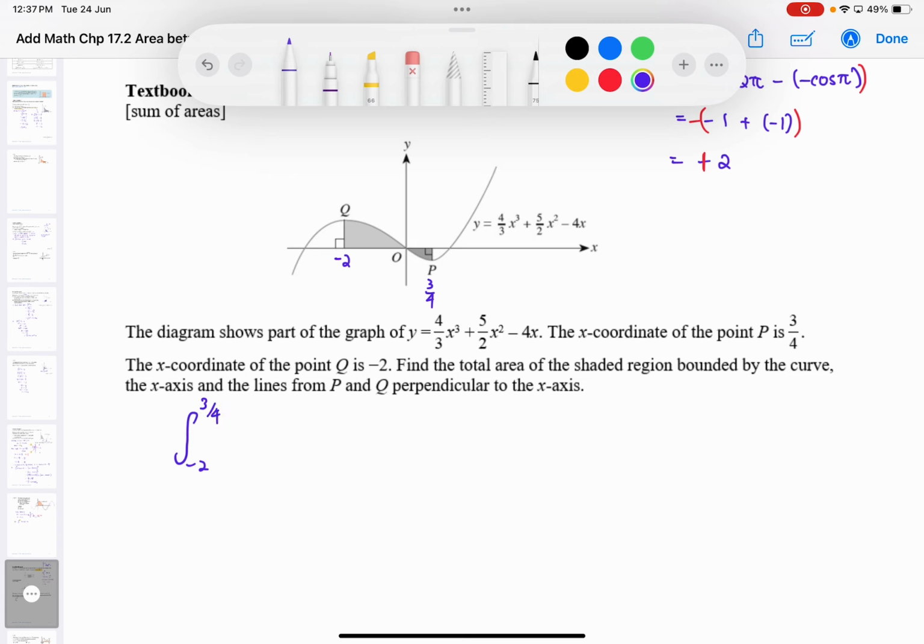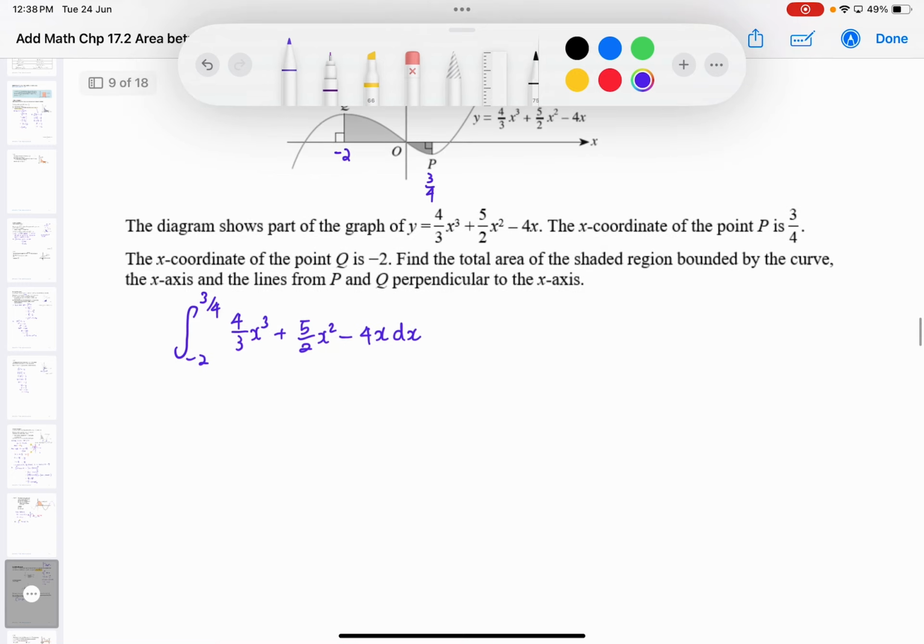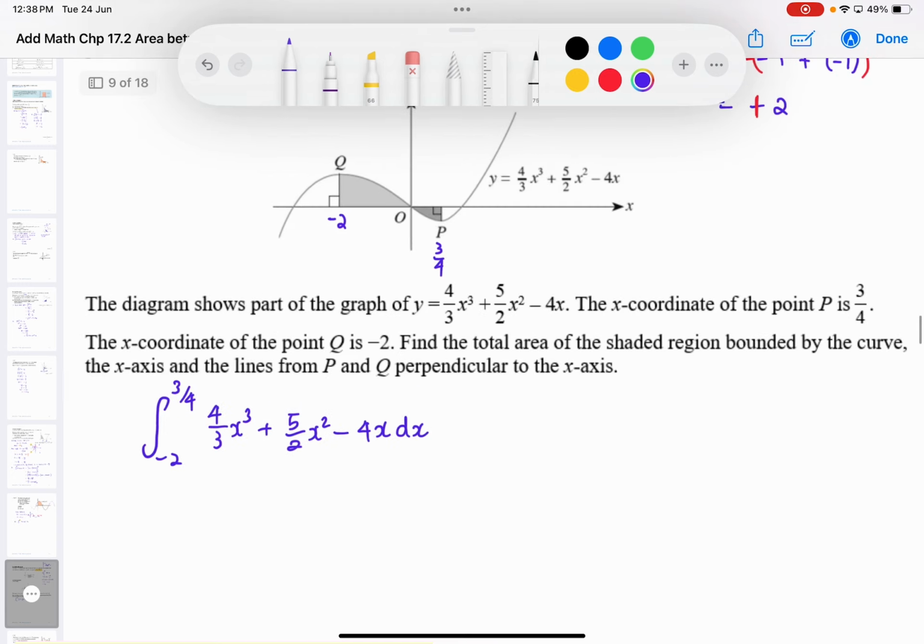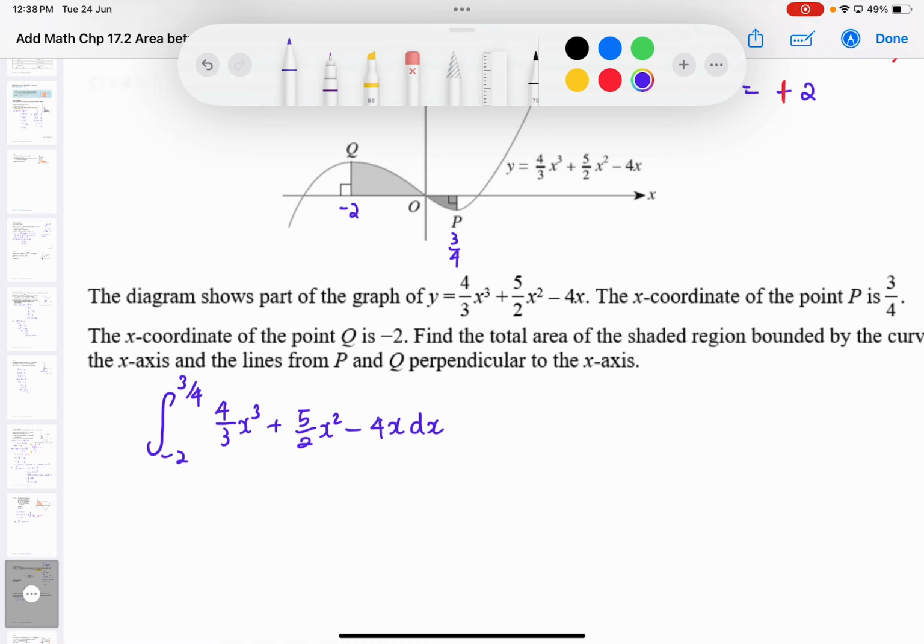Now, I'm just going to get you to go home and do this. Then you'll explain to me in tomorrow's lesson why it doesn't work. Yes, tomorrow there's a lesson. So if I just take the shortcut, I just integrate from negative 2 to 3 over 4, versus I split it up.